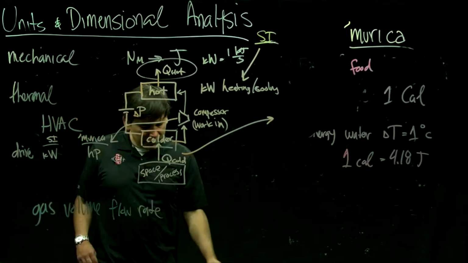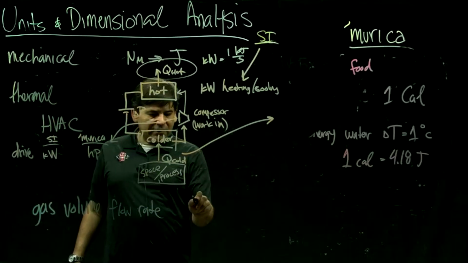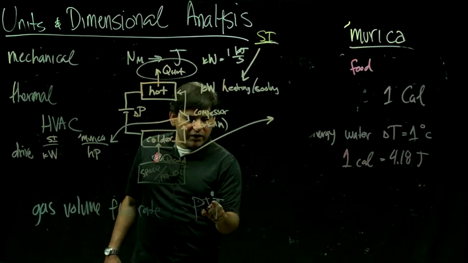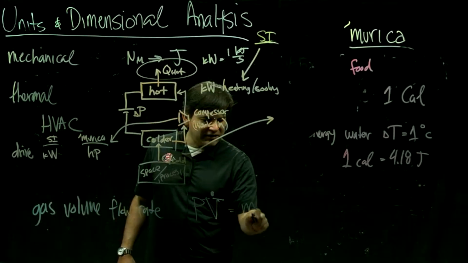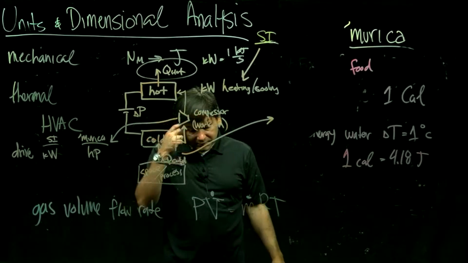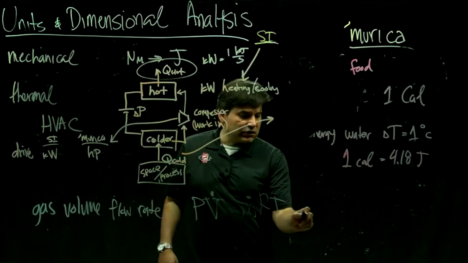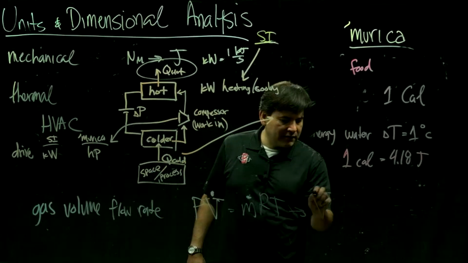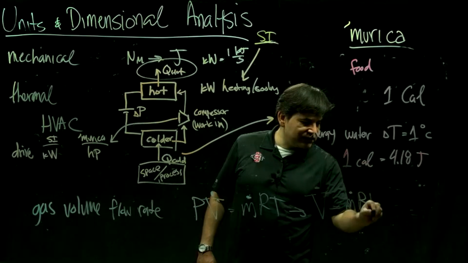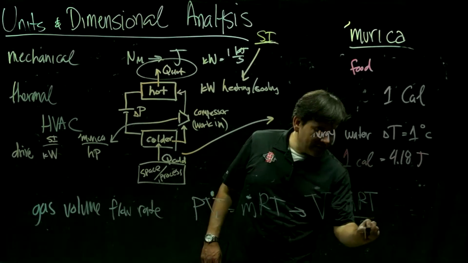Gas volume flow rate, we'll use the ideal gas law. If you have a gas, you can describe the flow rate of the volume by the mass flow rate times RT over pressure. So the volume flow rate depends on the mass flow rate, the gas constant, and the temperature and pressure.